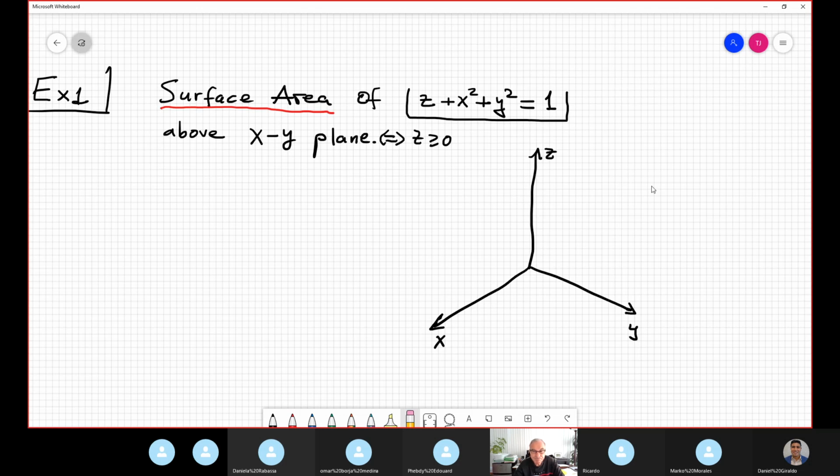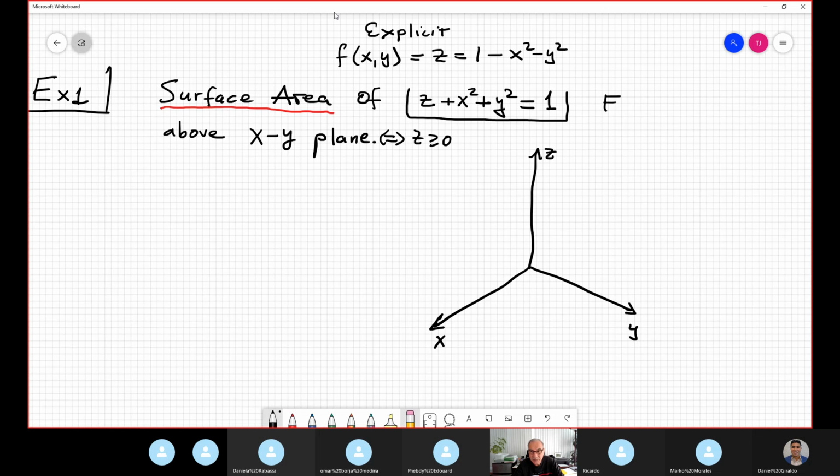Well, let me try to put it in explicit form. So you solve for C. So C is equal to 1 minus x squared minus y squared. You solve for C, and you know C is equivalent to f(x,y), no? This is totally explicit form. And this will look a little bit like implicit.